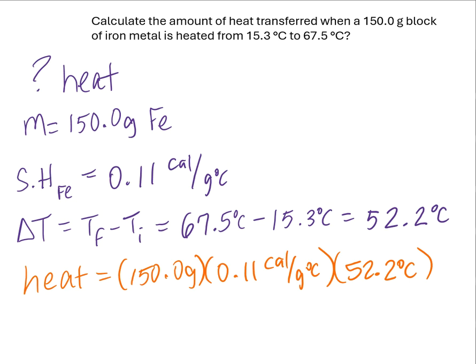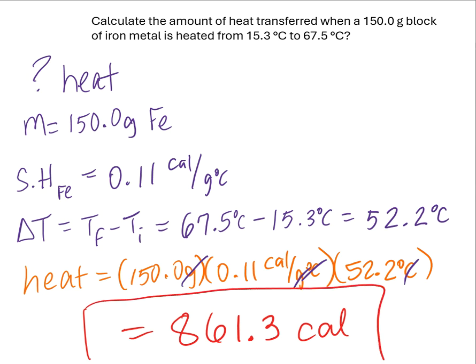If you look, now you're going to multiply your 150 times 0.11 times 52.2. When you put that in your calculator, it's going to give you 861.3. If we look at our units, we have a gram over a gram, degrees Celsius over degrees Celsius. So our units are simply going to be calories.